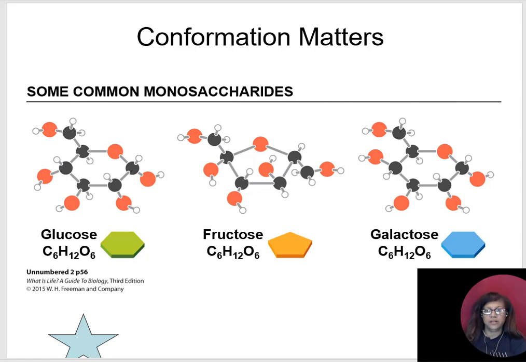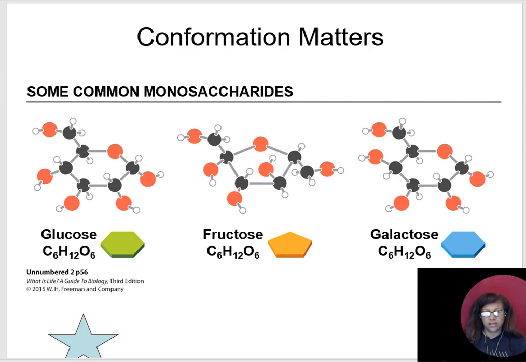So I want you to be able to learn what these prefixes and suffixes mean in the Greek and the Latin, because that way when you come across a scientific word that you've never seen before, the majority of the time you'll be able to figure out what that word means just by looking at the prefixes and the suffixes and understanding what they actually mean. So mono means one, saccharide means sugar. So we're going to look at some common monosaccharides.